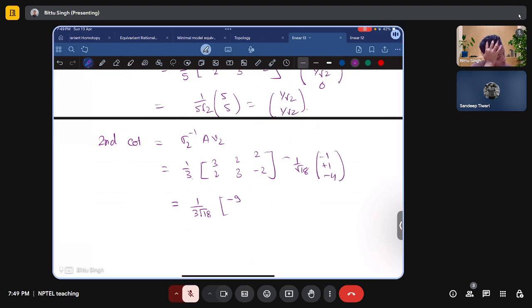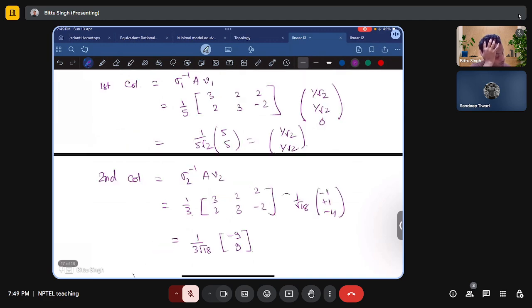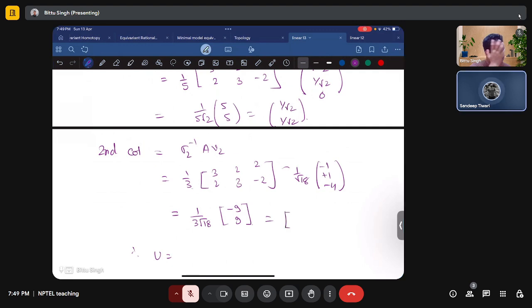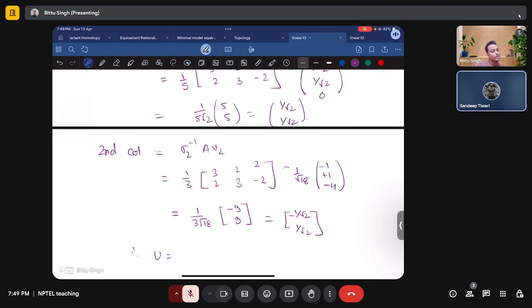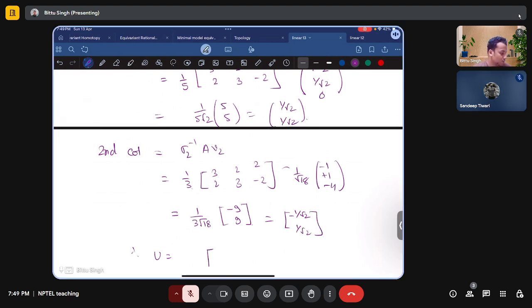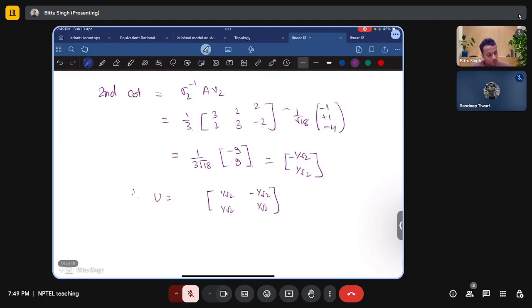Therefore it takes this form: 1 by root 2, minus 1, 1. So the first column is 1 by root 2, 1 by root 2. The second column is minus 1 by root 2, 1 by root 2. So it is done.